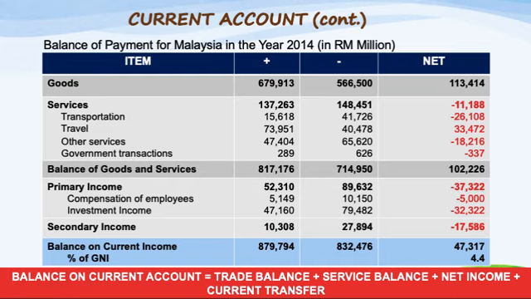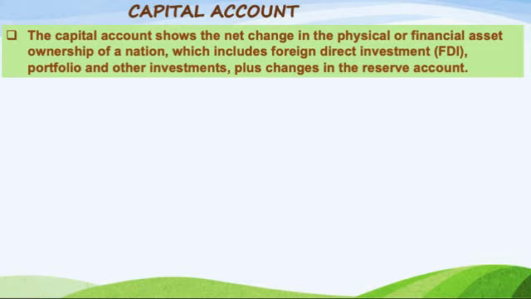Alright. For the capital account, the net structure is the capital account. The capital account shows the net change in the physical or financial asset ownership of a nation, which includes FDI, foreign direct investment, portfolio investment and other investments, plus changes in the reserve account.